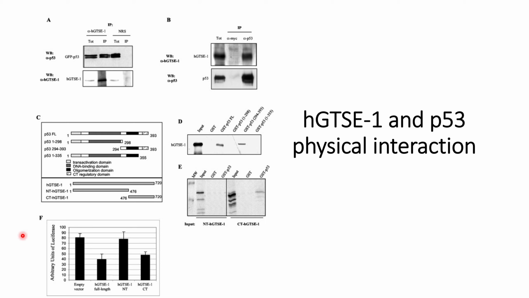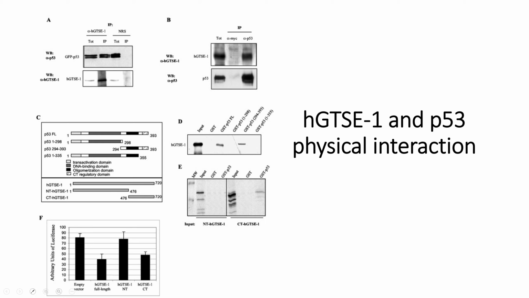Later they did the experiment with co-transfection of a luciferase reporter bound to p53 and different constructs of hGTSE. The first is the full-length construct, and the others are the N-terminal hGTSE and the hGTSE-1 CT construct.